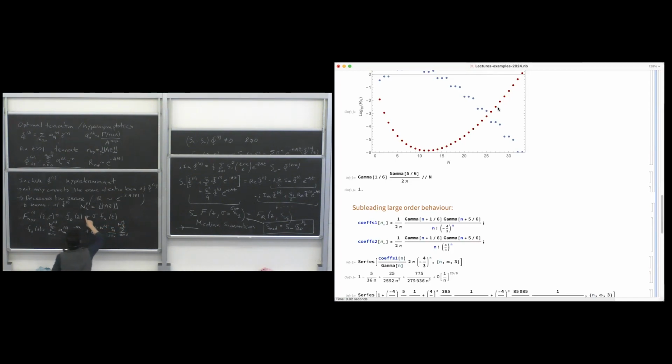Because remember that the N1 is N0 divided by 2. So now I'm taking only half of the terms, minus 1. A M1, the coefficients of M1, of the phi 1, times what is called a hyperterminant.